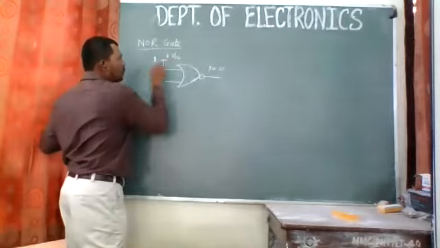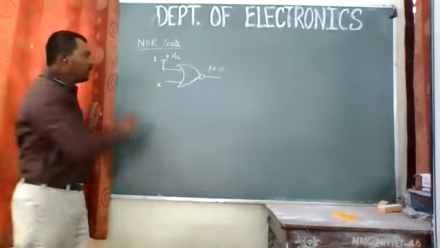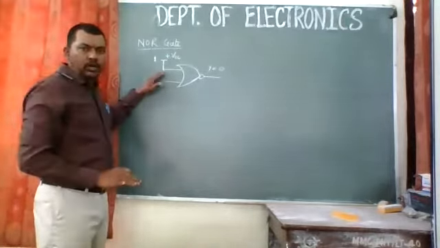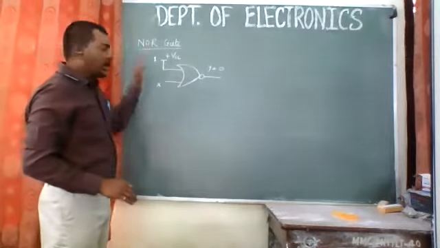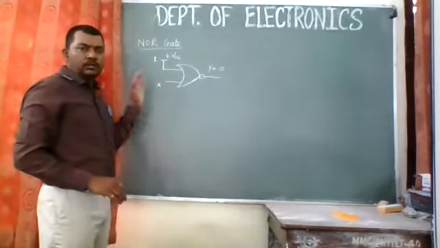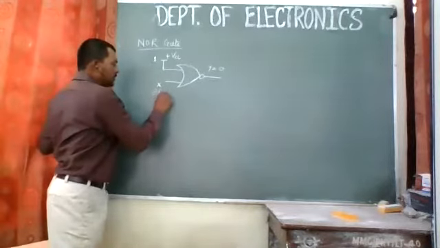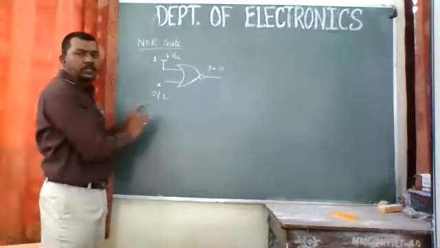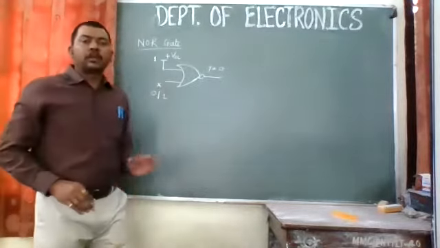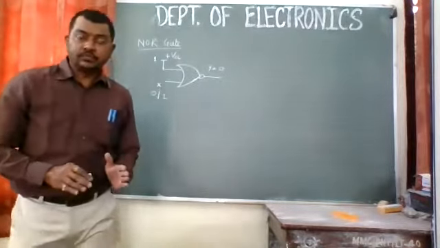If you connect one input of a NOR gate to plus VCC, the second input is don't care, whether it is 0 or 1, it doesn't make a difference, but the output will remain 0.